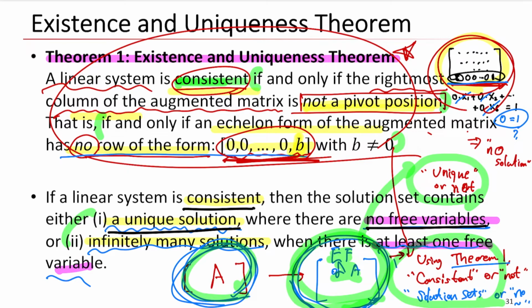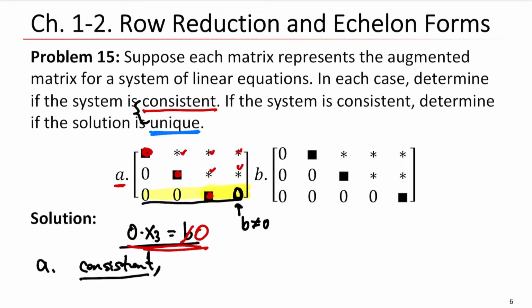If there is at least one free variable, there are infinitely many solutions. Why? We can represent our solution set using parametric form. In the parametric formulation, if there is a free variable, by varying the free variable we can generate infinitely many solutions.